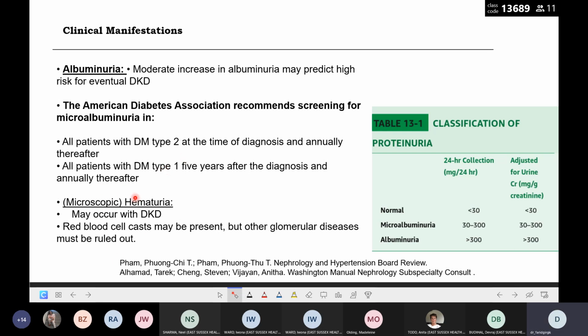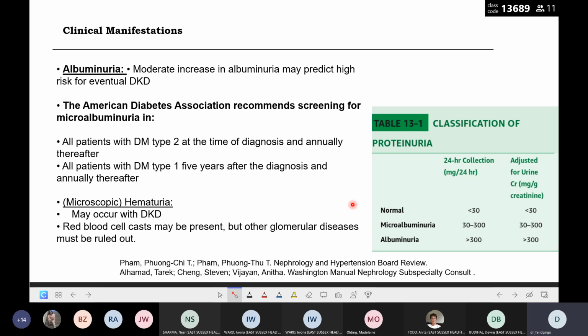Microscopic hematuria is important. It may occur in diabetic kidney disease. But if you find significant microscopic hematuria and red cell casts, you should rule out other glomerular diseases like IgA nephropathy or focal segmental glomerulosclerosis or things like this.